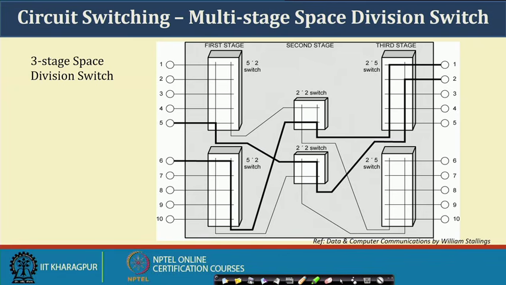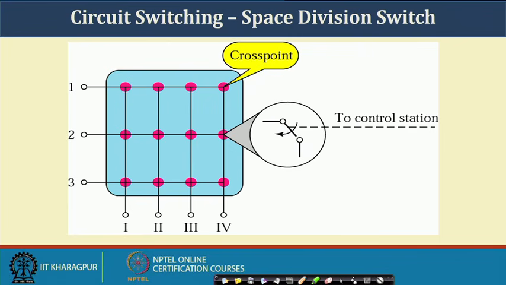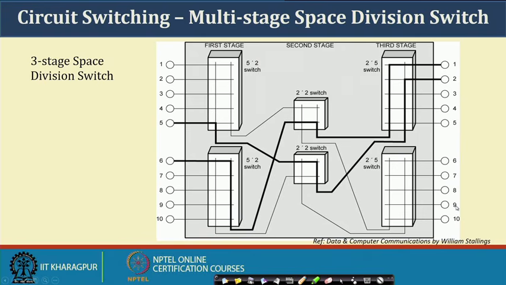Otherwise, if it is a whole matrix where everybody is connected to everybody, like here where there are 10 nodes on this side and 10 nodes on the other, ideally we would need a 10 cross 10, that is 100 crosspoints. Like 3 cross 4, here we have 12 points, whereas here the number of points is much less.